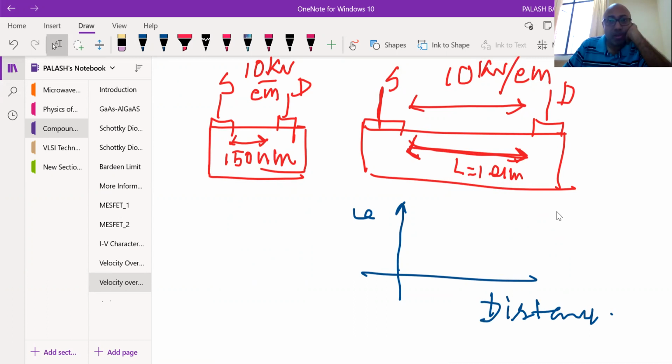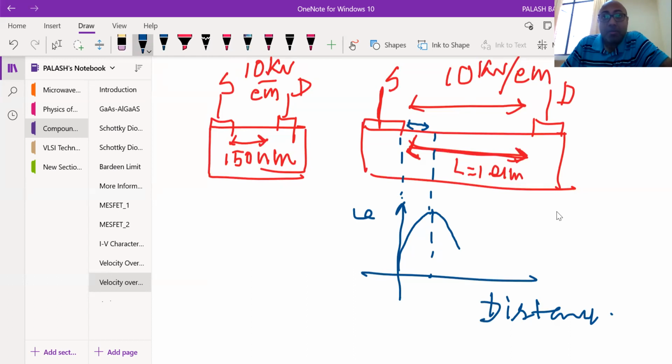Up to here, from here to here, this is high, no? Up to here you will get a high velocity. Up to this part, you get a high velocity.